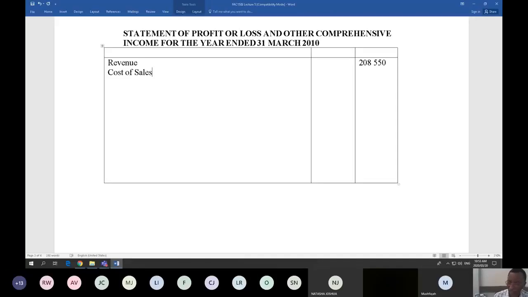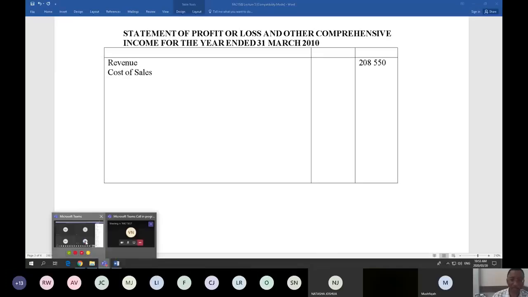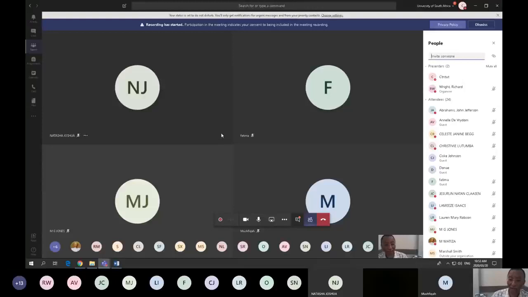The exercise we've done before this was the periodic inventory system. And in the periodic inventory system, you must calculate cost of sales. And to calculate cost of sales, just remember that cost of sales will be the opening inventory plus purchases plus carriage on purchases minus closing inventory. But that is in a periodic inventory system.